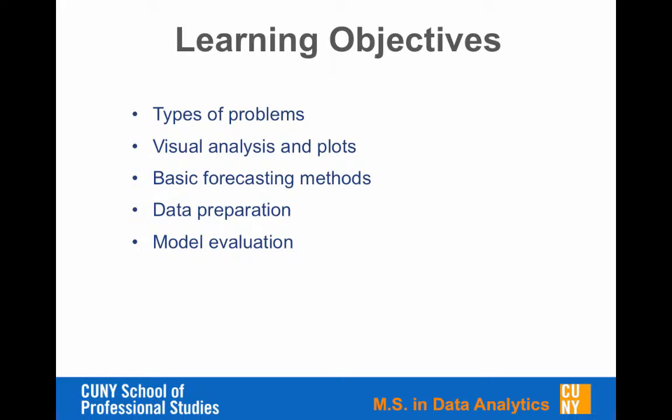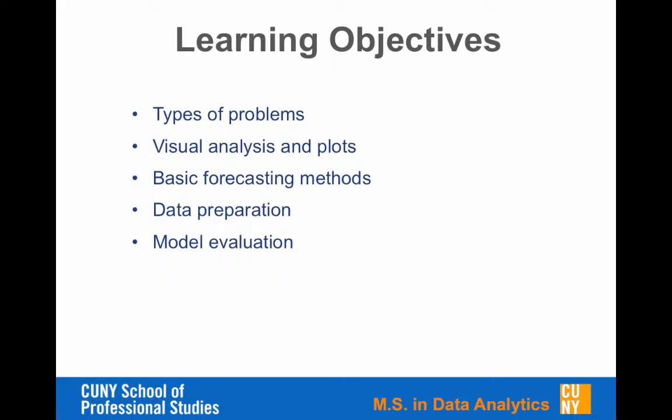For this week, one of the things that we're going to be doing is looking at different types of visual analysis and how to plot these, and this will include basic plots, scatter plots, scatter matrices, and then also a little bit of autocorrelation.